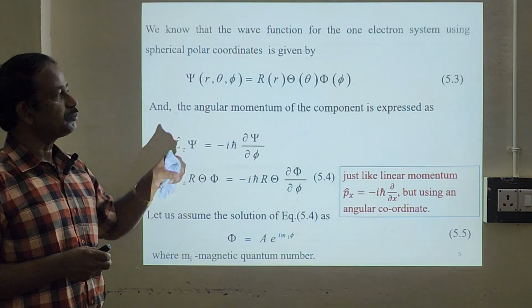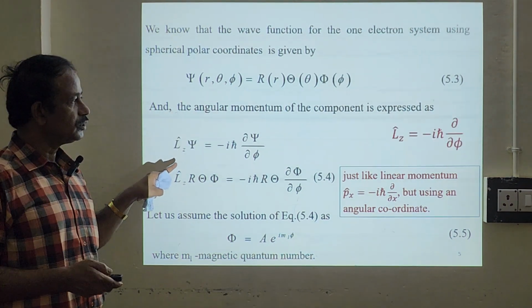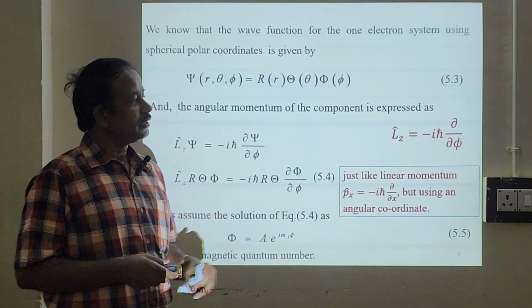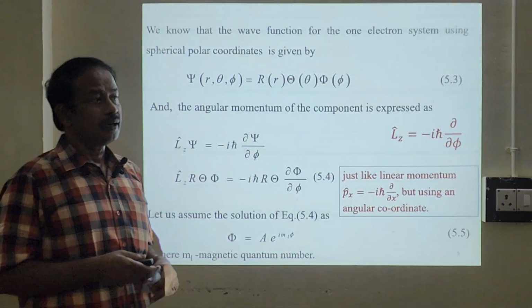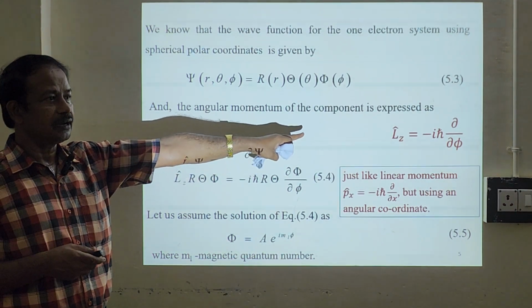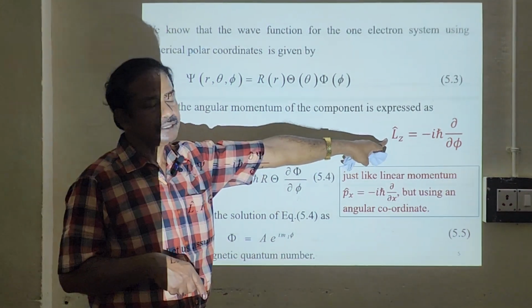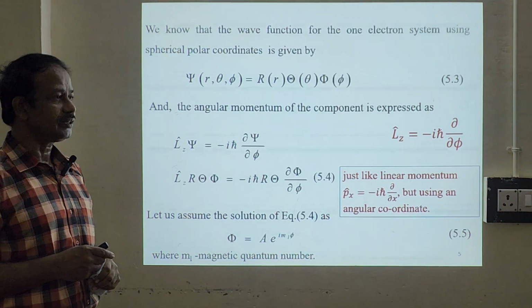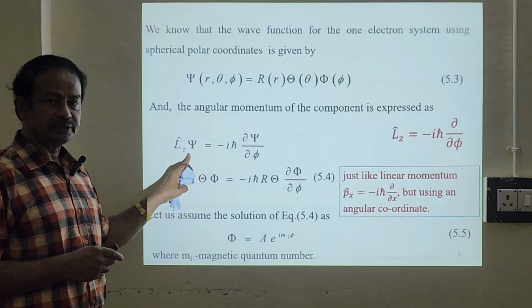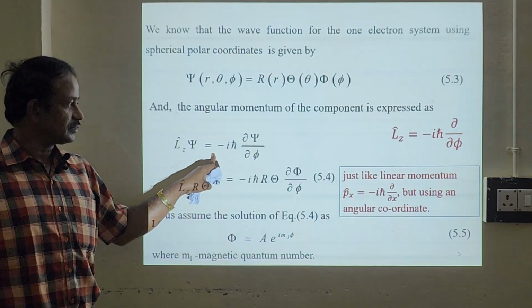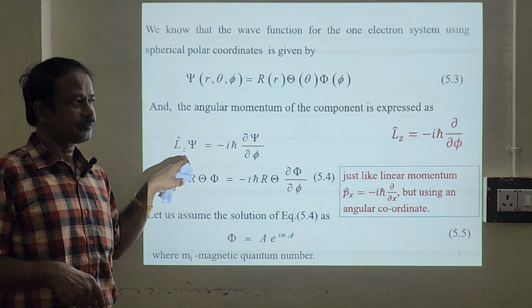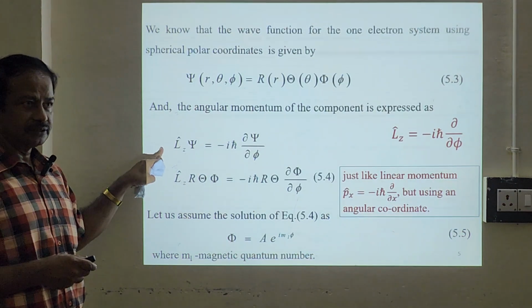Now the angular momentum component is expressed as, so as we know, Lz is equal to minus i h cross d by d phi. So this is the expression for the operator of the component of L, given by minus i h cross d by d phi. Operating on psi, that will give you Lz psi, which is equal to minus i h cross d psi by d phi. Is it okay?